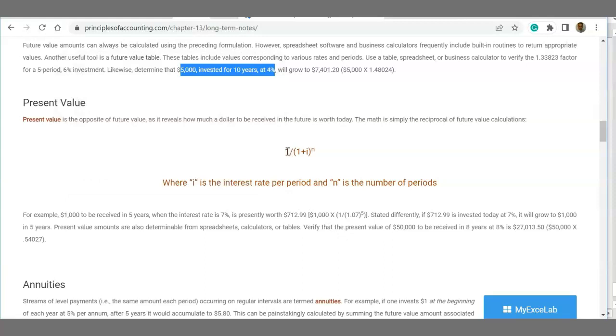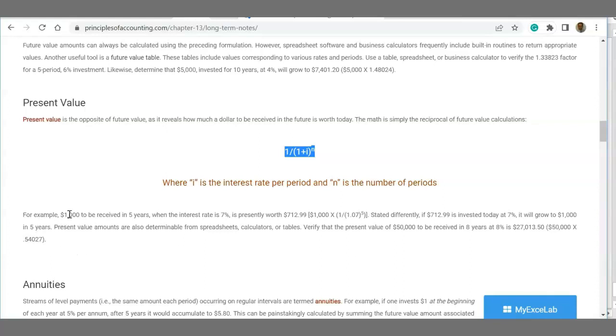And here is the formula for the present value, which again, normally I don't memorize this. I'm not good at memorizing, but I'm good at how to find the present value of that investment, let's say, or bonds or whatever it is.